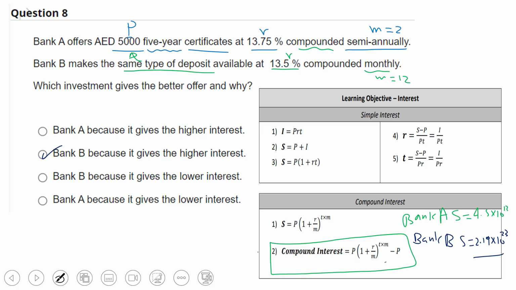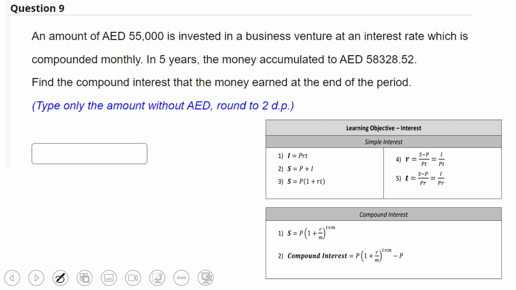Okay, so this is the right formula to use. For each bank, substitute in this formula. The more amount you will have, the better investment for you. So go for the bank that gives you more interest. Now, I have the amount.